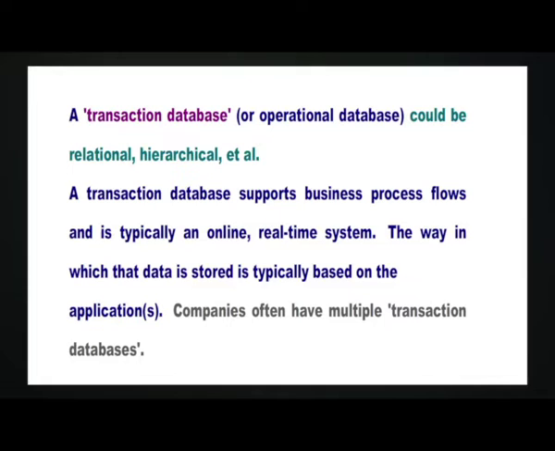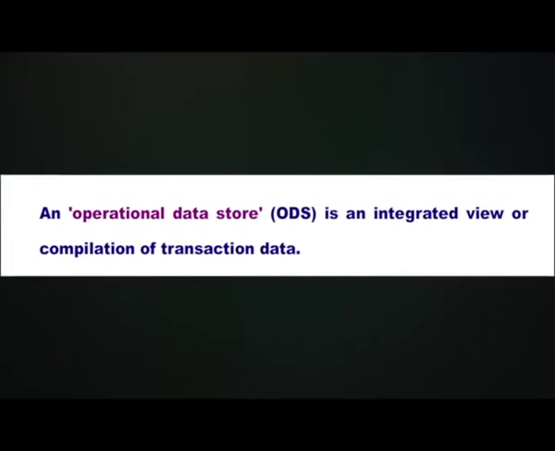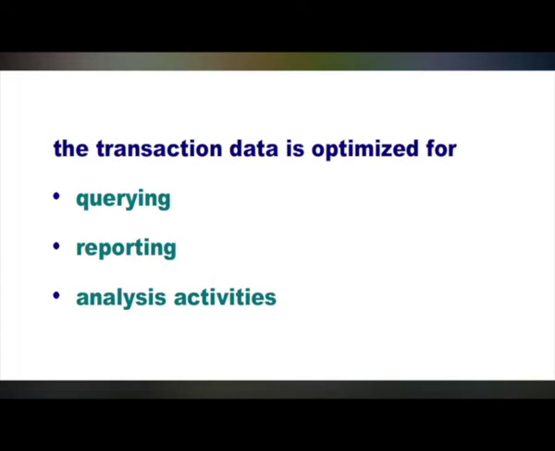Companies often have multiple transaction databases. An operational data store, in short ODS, is an integrated view or compilation of transaction data. Then you get into data warehouse databases where the transaction data is optimized for querying, reporting and analyzing the activities.